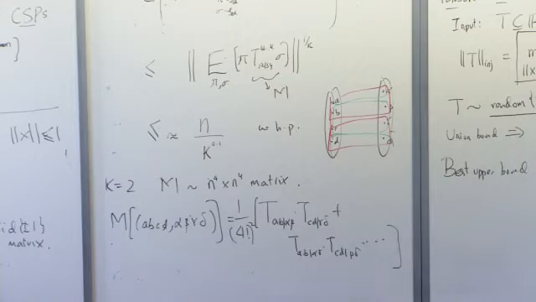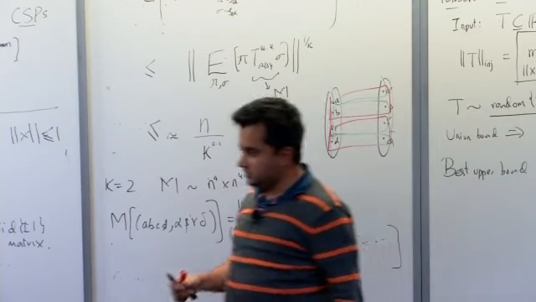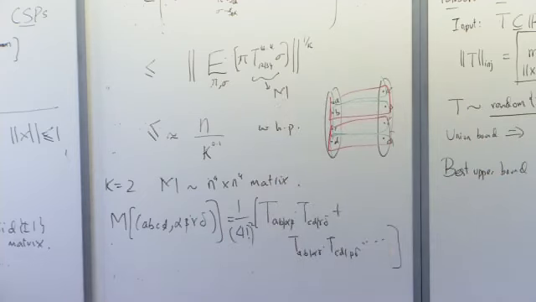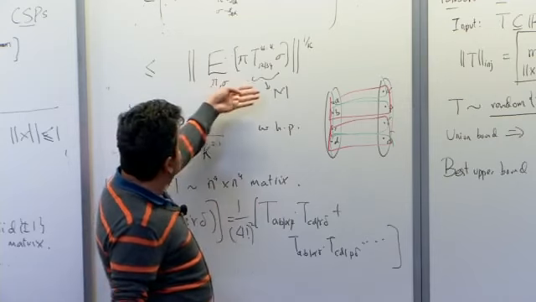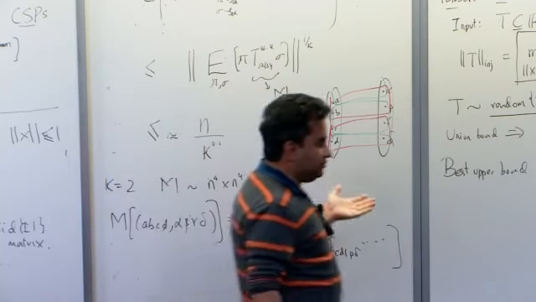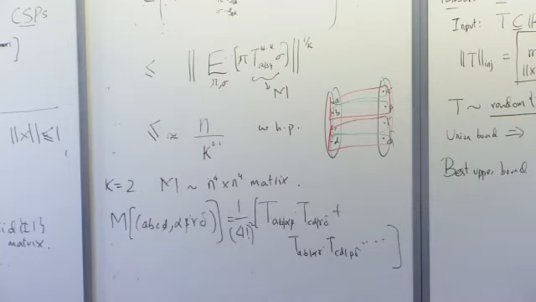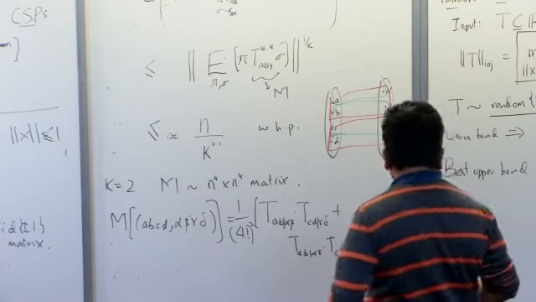Even the entries go down, but in fact the spectral norm actually decreases. So that's the goal now: to prove that if you take a random tensor and compute this matrix, its spectral norm is small. Any questions so far?